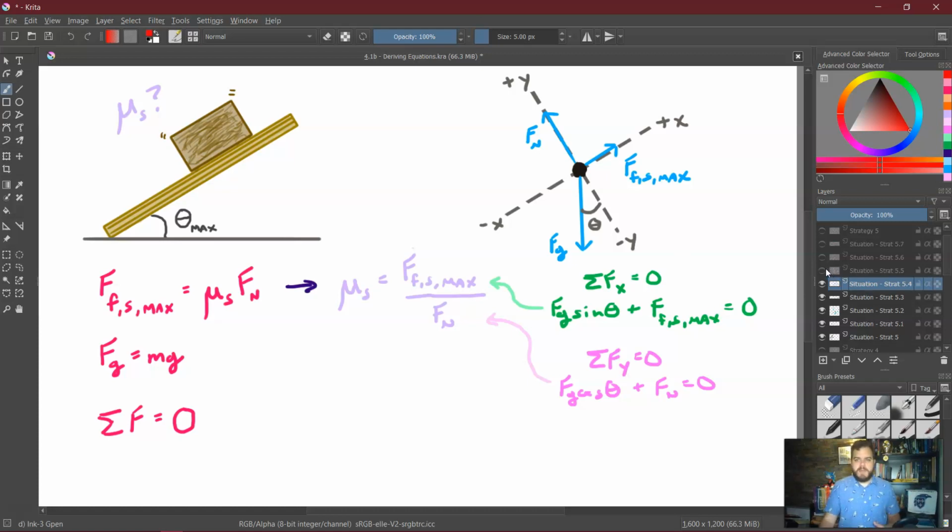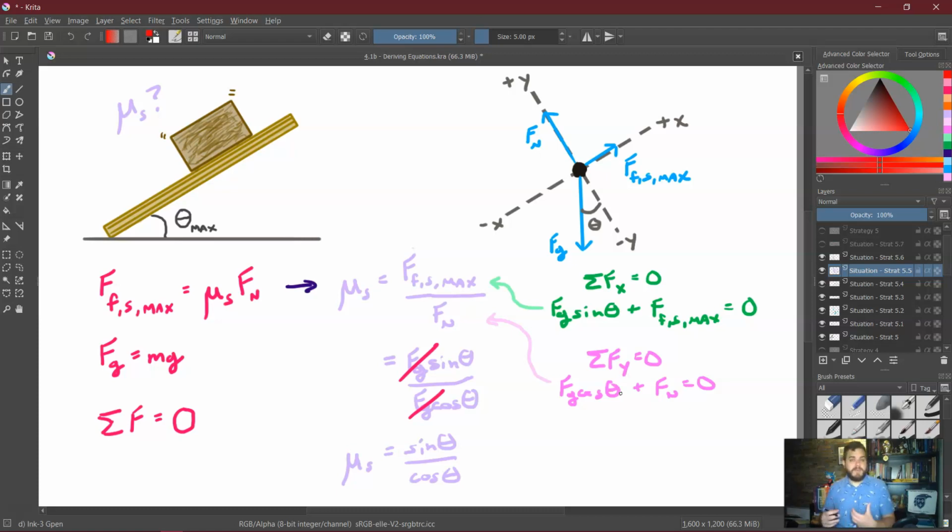All right, so let's go ahead and now substitute these two expressions in. So I have Fg sine theta over Fg cosine theta. Well, how can I simplify this? There's Fg on the top and bottom, so I can just cancel that out. And that leaves me with mu sub s is equal to sine theta over cosine theta. And this would actually be an acceptable version of the expression because I've reduced it to just the angle theta, and that's all I've had.